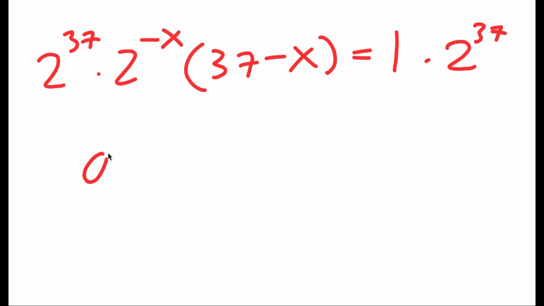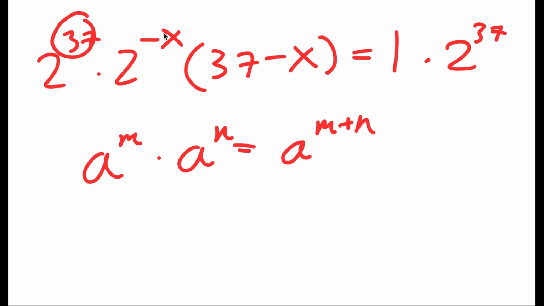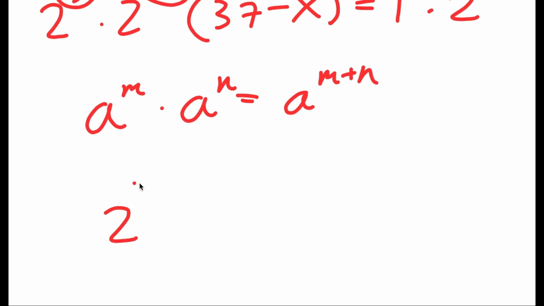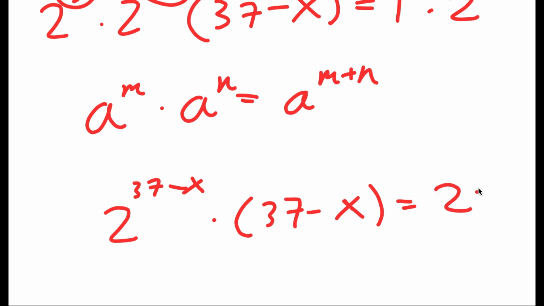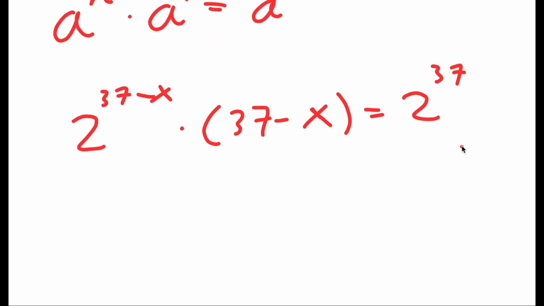And if I have something in the form a to the power of m times a to the power of n, this is equal to a to the power of m plus n. So these two add up, and now I get 2 to the power of 37 minus x times 37 minus x is equal to 2 to the power of 37.